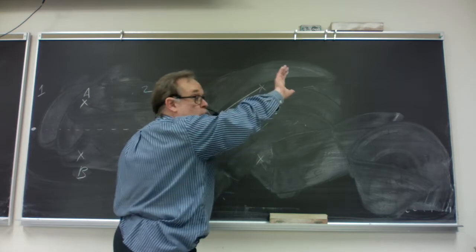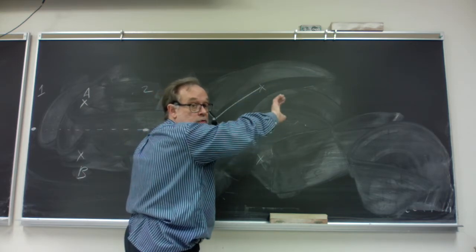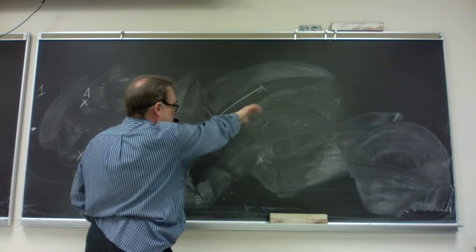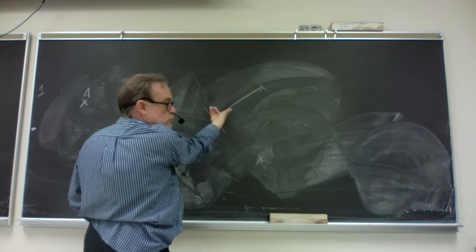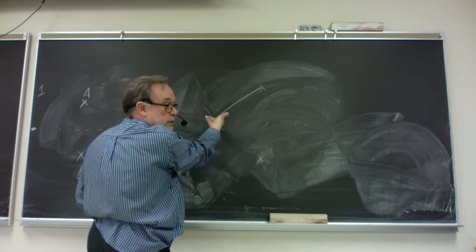This is a current going into the blackboard, so point my thumb into the blackboard. My fingers therefore curl clockwise, which means over here, clockwise movement means here at this point, the field would have to point up and to the left.